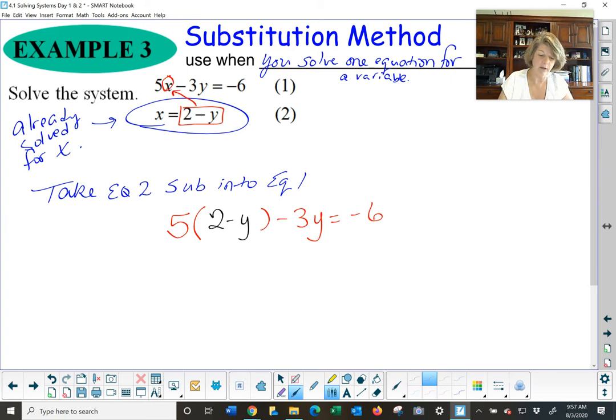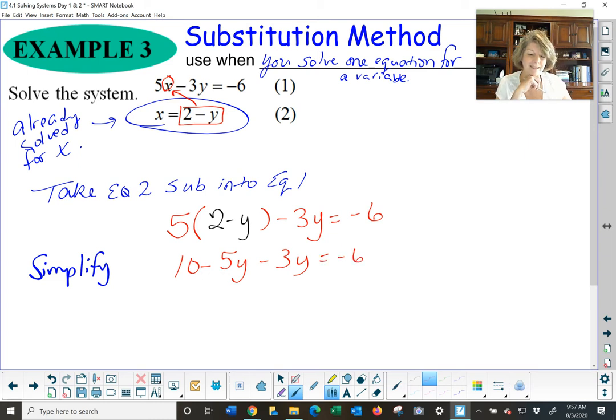Now you'll notice our equation is all in numbers and y's, so we can solve for y. So let's simplify. Bring like stuff together. So that's going to give me 10 minus 5y using distributive property, minus 3y equals negative 6. Keep simplifying. 10 minus 8y equals negative 6.